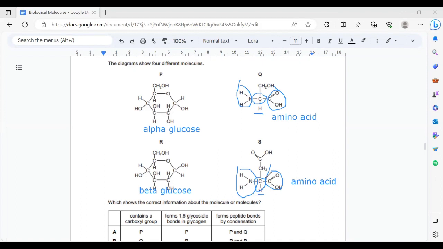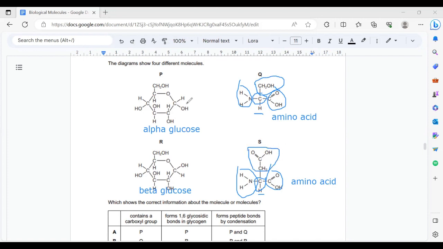They have identifying features like the NH2, COOH, H, and the central carbon. It's common in everything, and the only thing that is different from one amino acid to another is this part, which is known as the side chain or the R group.